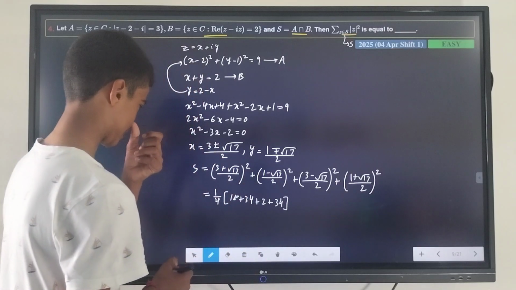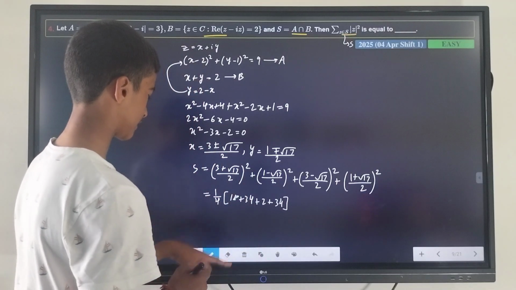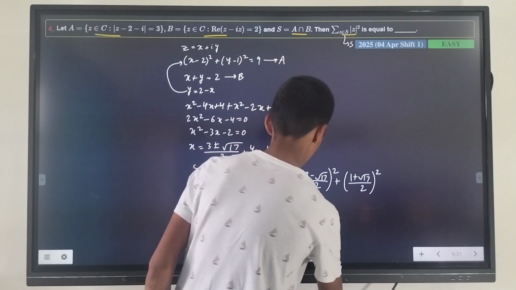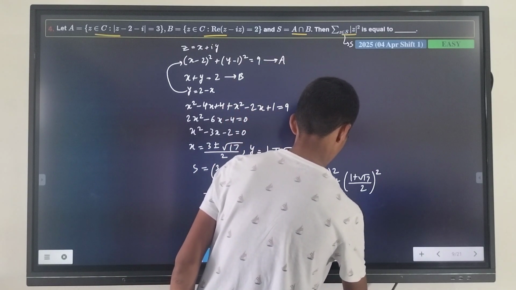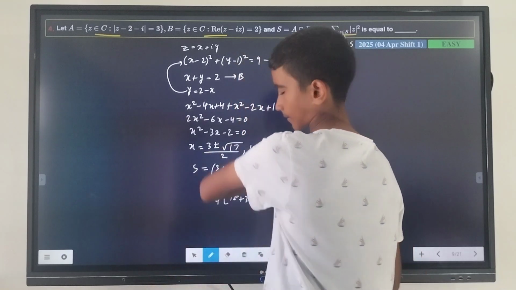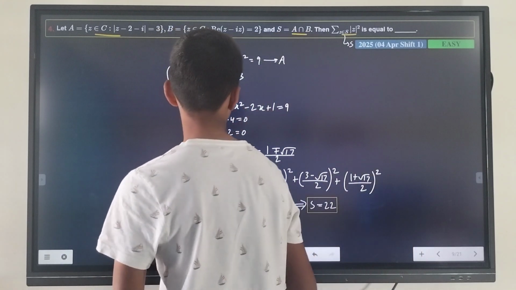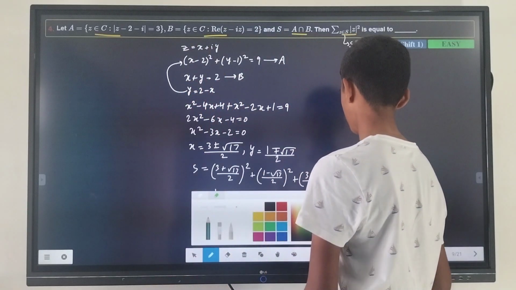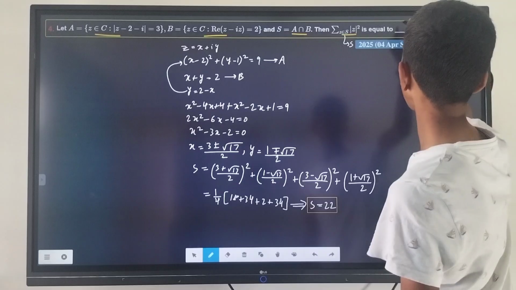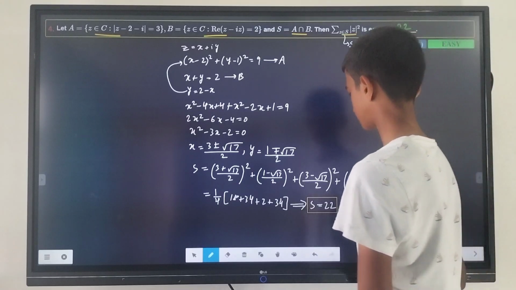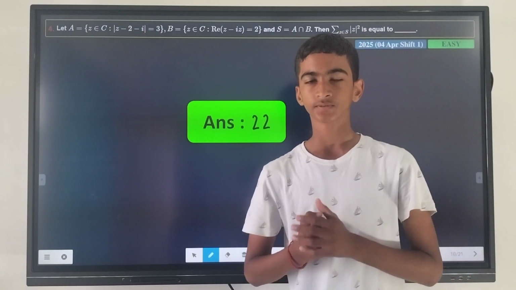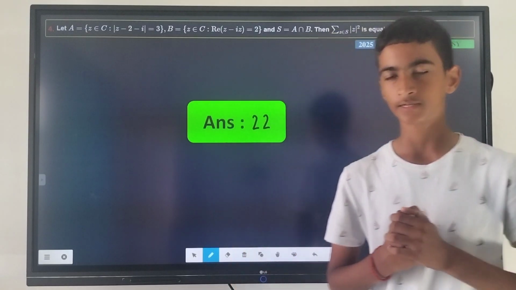So this will be 88 upon 4, which is 22. So our S is equal to 22. From here, our answer is 22. And here is our solution. We can see that our answer is correct.